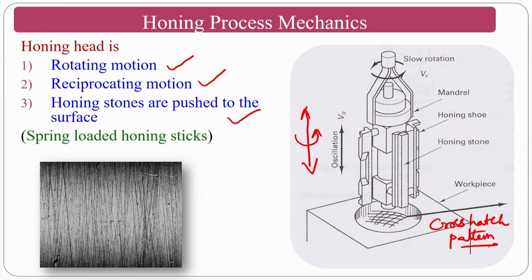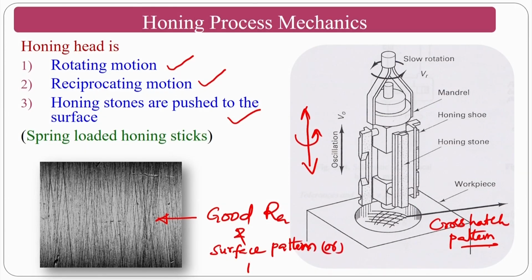This crosshatch pattern means it is not only generating a good surface roughness, but also a surface pattern or texture. This also gives you the required structure.